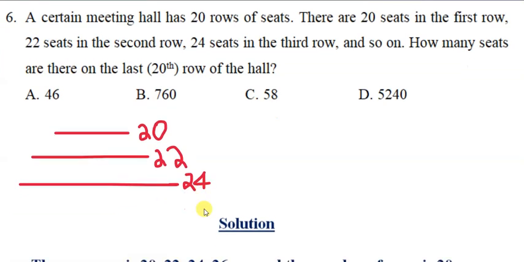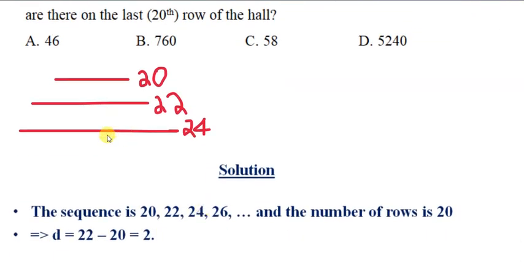If this continues until the rows reach the 20th, the final row, it is called the nth row, or A20. Let us denote it by A20.